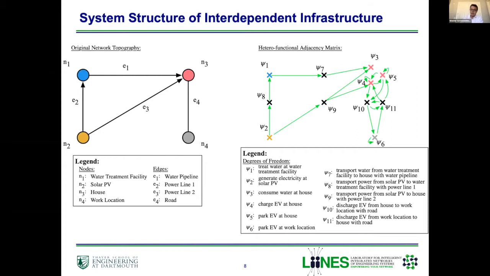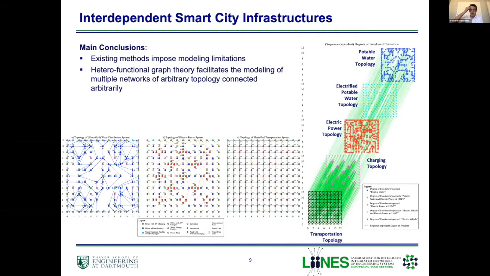So the first major application that I came up with to demonstrate this is the work in smart cities. So we have a water distribution system, we have an electric power grid, and we have an electrified transportation system that you should imagine as being superimposed on top of each other. And all of these systems are connected, because we have our water treatment facilities that require power to operate.